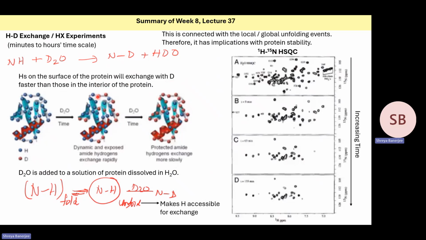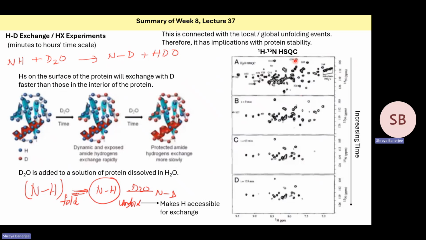These two red spheres mean that the hydrogens in these two locations have been replaced by deuterium, and these are at the surface. Similarly, the other places where deuterium has replaced hydrogen are all on the surface, because the surface hydrogens will exchange rapidly. As you allow more and more time to go, the hydrogens on the interior will also start exchanging, and you can see more and more of these red balls. So more and more hydrogen has been replaced by deuterium.